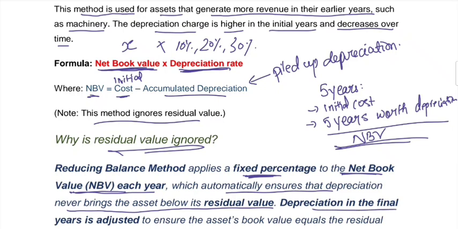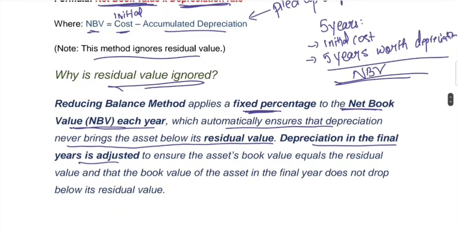Depreciation in the final years is adjusted to ensure the asset's book value equals the residual value, and that the book value of an asset in the final year does not drop below its residual value. Because you must ensure, whether you charge straight line or reducing balance, once the depreciation eats away all the cost of an asset, from where you utilize the economic benefit, the value of the asset at the end should be equal to the residual value.